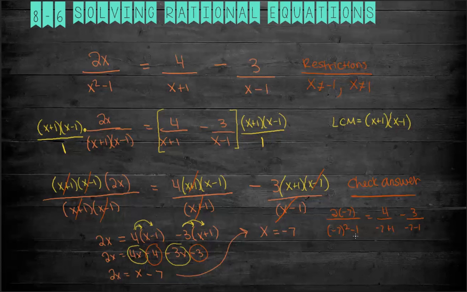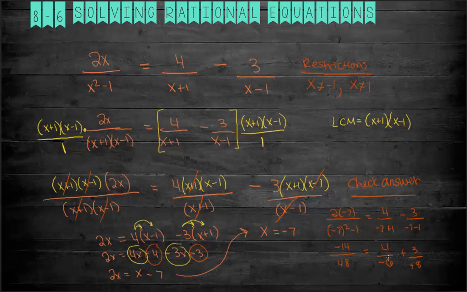Here we end up with negative 14 over 48 is equal to 4 over negative 6 minus 3 over negative 8. So our double negatives here are going to cancel and give us positives.